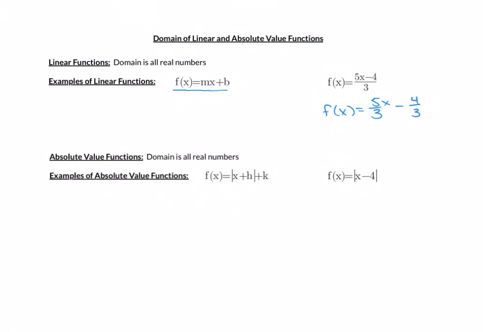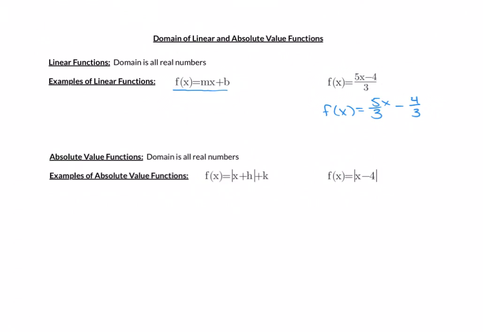So don't get thrown off by fractions. If you had variables in the denominator, then that would make this problem a lot harder. But if it's just a number in the denominator, it is still a linear equation. And as it is a linear function, its domain is all real numbers.